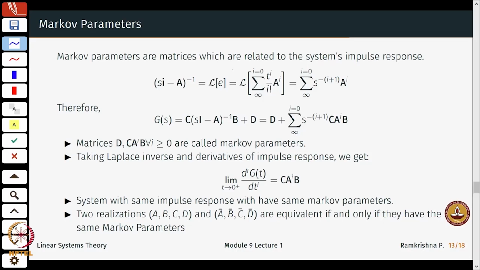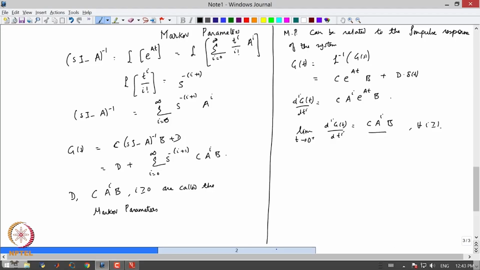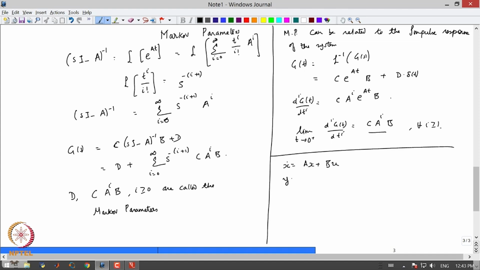Something which I will not prove, but just state as a result, is the following. Say I have a system x dot is A x plus B u, y is C x plus D u, and another realization which looks like this: x bar dot is A bar x bar plus B bar u, the u will be the same, y is C bar x bar plus D bar u.